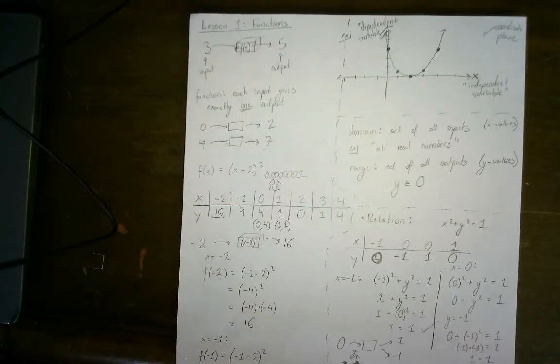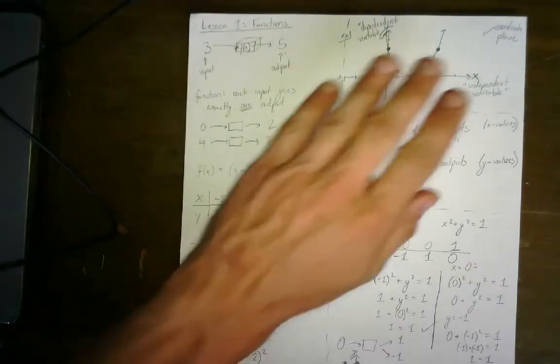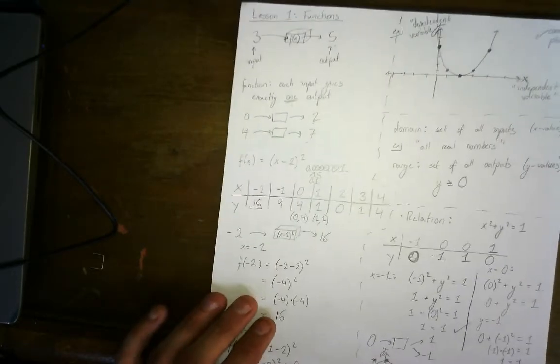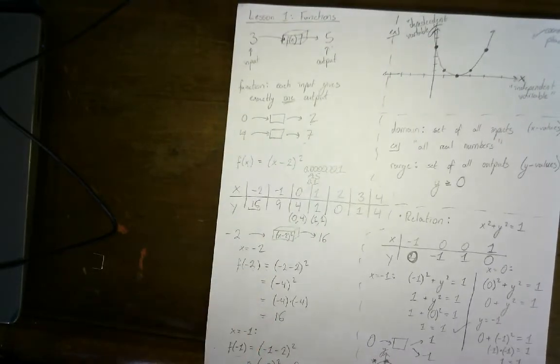I'm pulling out a lot of ideas that you might have seen before but not have been super 100% on. We're going to be revisiting the parabolas. We're going to be revisiting circles even farther on in our school year.